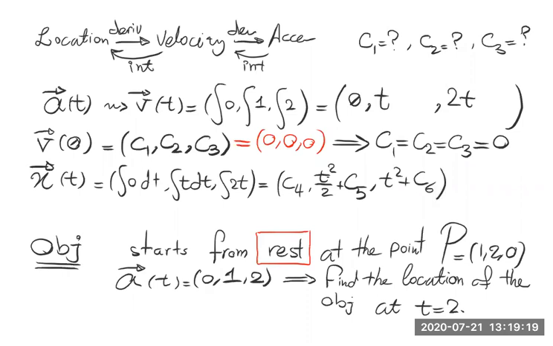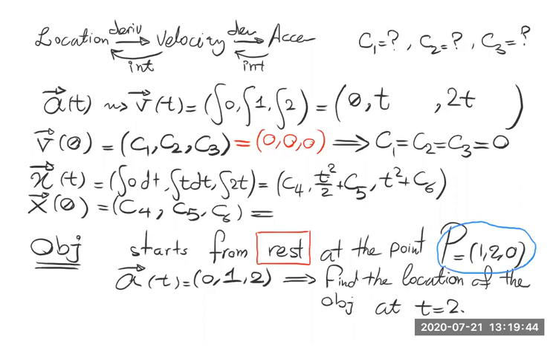Now I want to find these constants. So I should look at the position x at time t equals 0. If t is 0, the initial location would be C4, 0 plus C5, 0 plus C6. But it already told me the initial position, the initial location. It said it's 1, 2, 0.